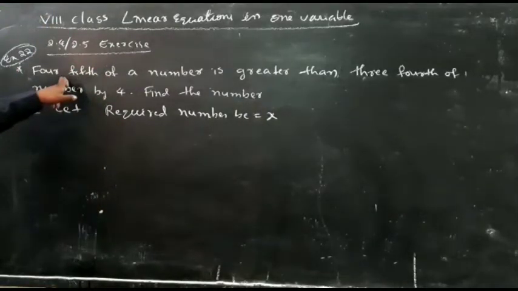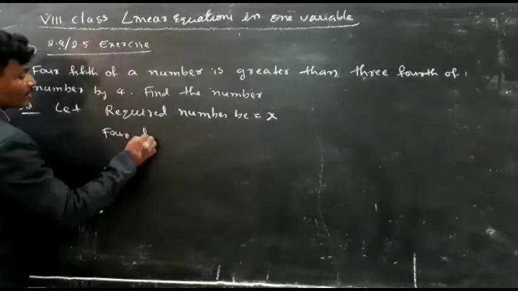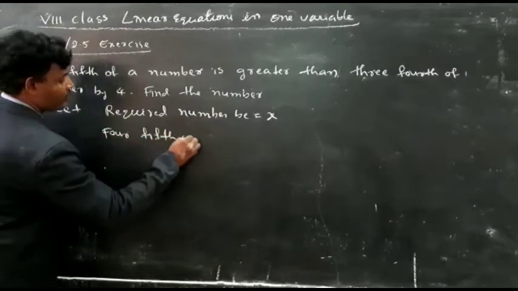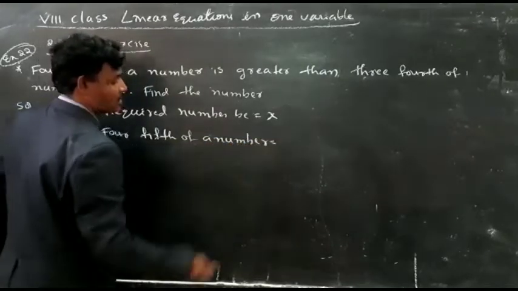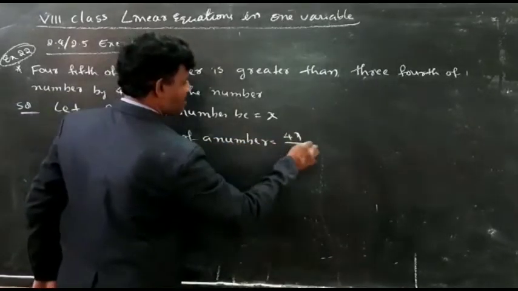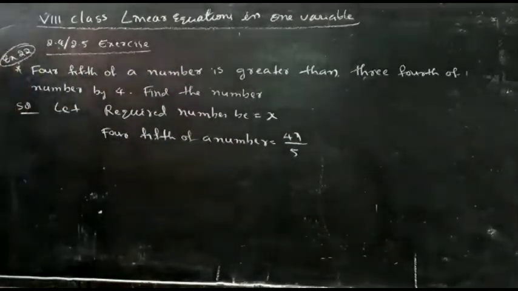Next, what do I need here? 4/5 of a number is equal to 4x by 5.